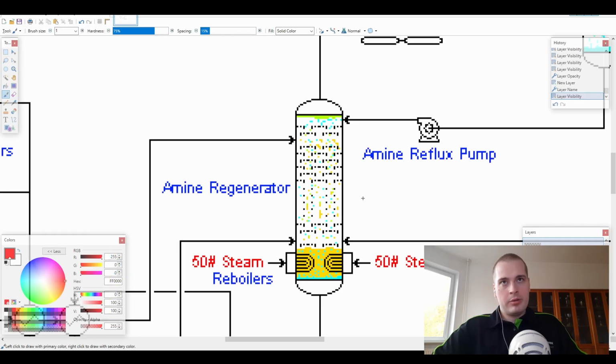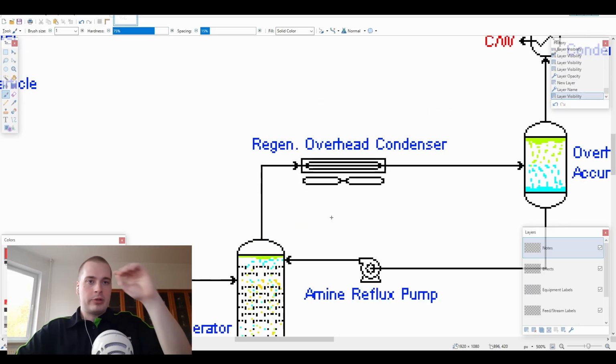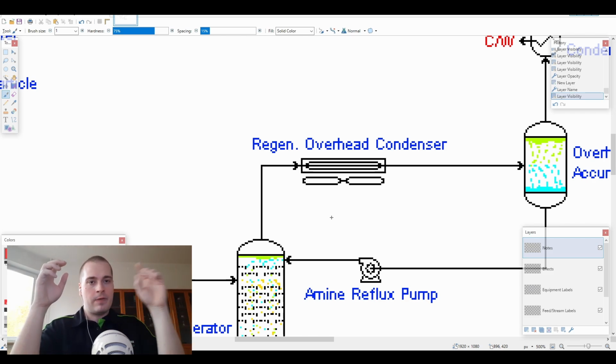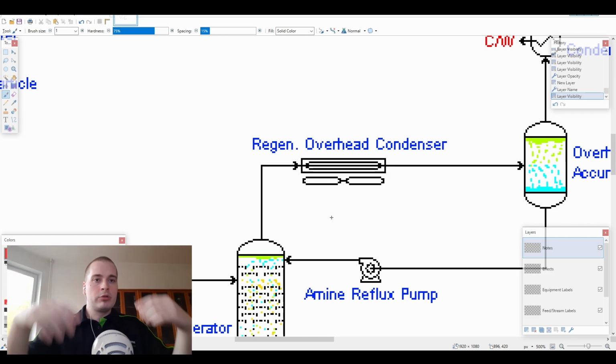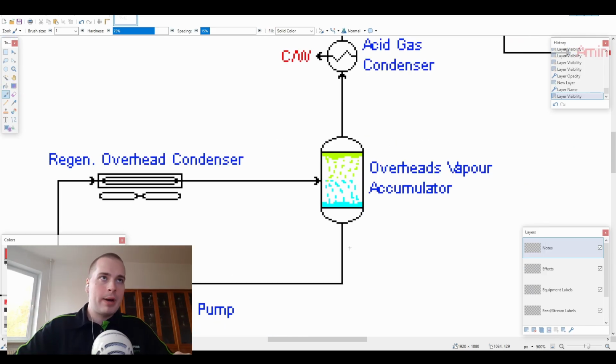Going back to the amine regenerator, what we haven't talked about yet is the overhead system. What leaves our amine regenerator from the top is mostly hydrogen sulfide. The first thing, it goes into a condenser. Again, it's the fan type cooler, which has a bunch of small tubes and a fan that draws in air and cools down the gas in there, right? And after that, we have an overhead vapor accumulator where our cold hydrogen sulfide is separated from water vapor and amine vapor.